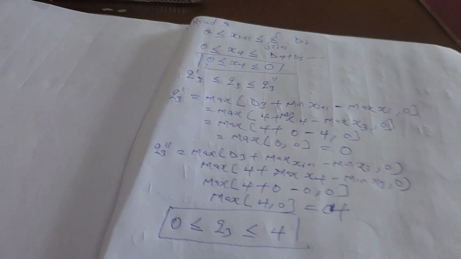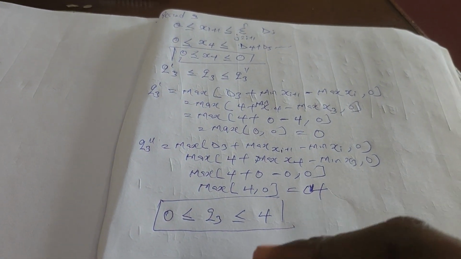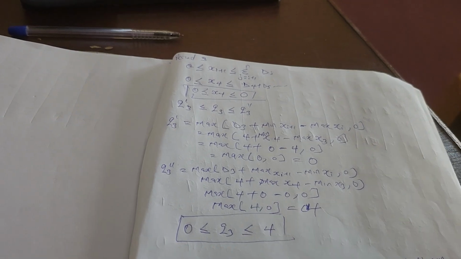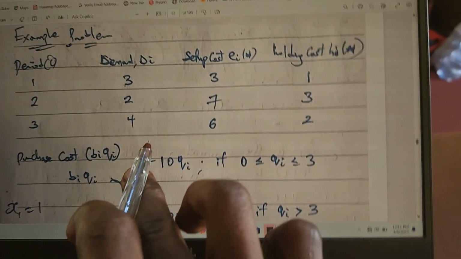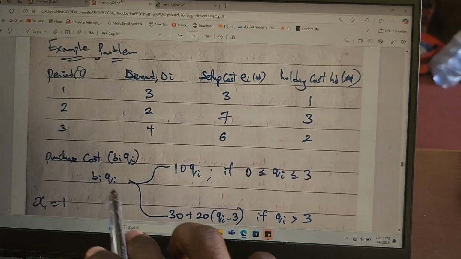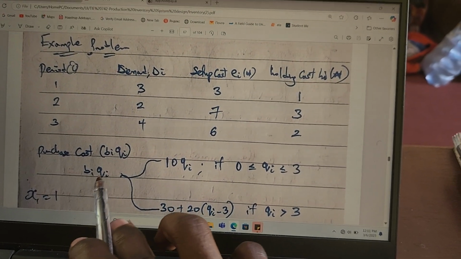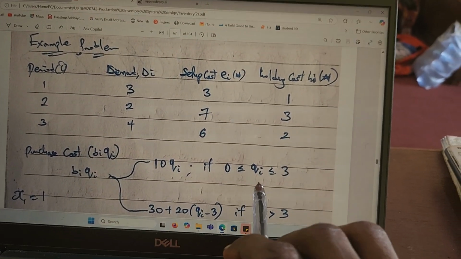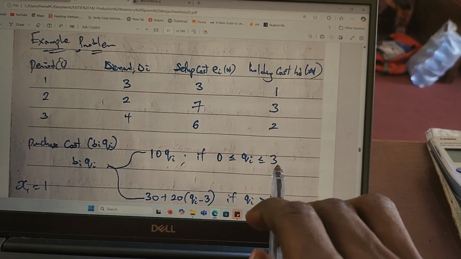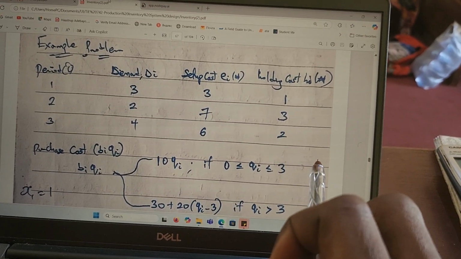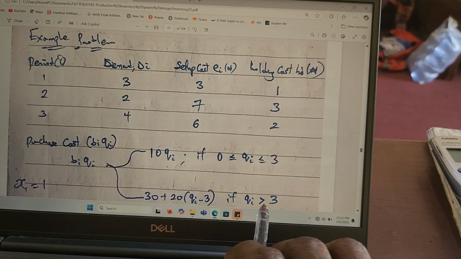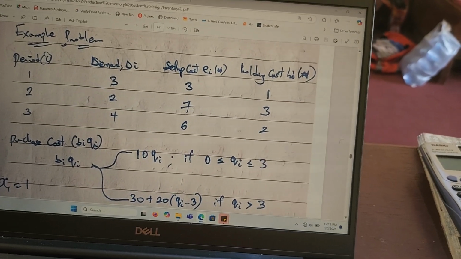So from this, we know that our setup will be 0 here, plus the expression we are given. Our purchase cost will be 10Q if our Q is between 0 and 3, that is 0, 1, 2, 3, and it will be the other expression when it is greater than 3, that is 4, 5, 6 upward.